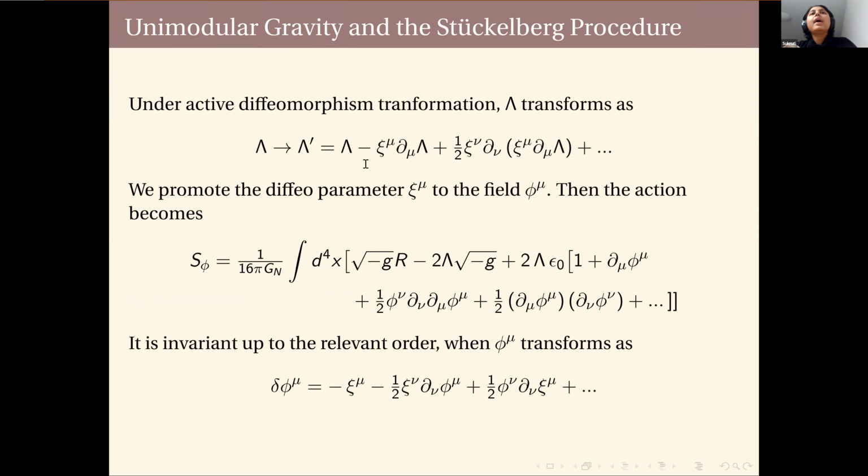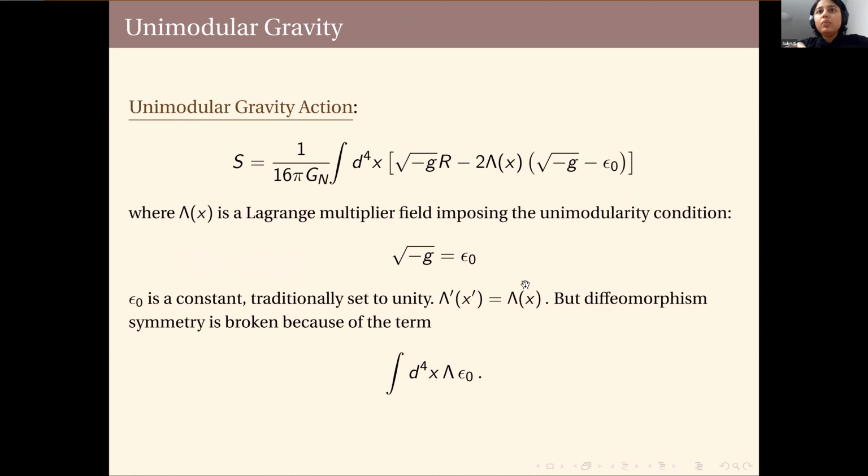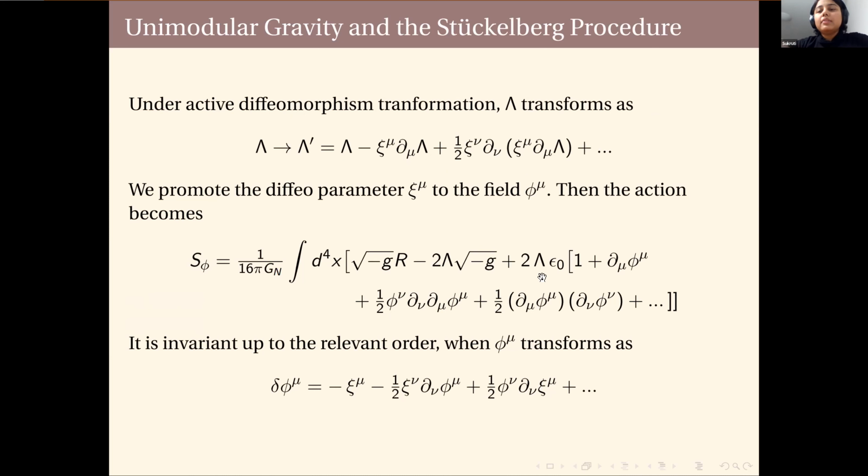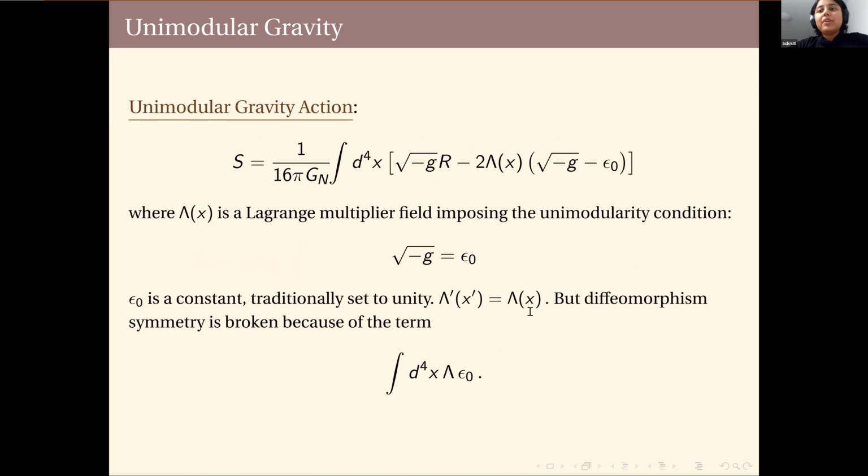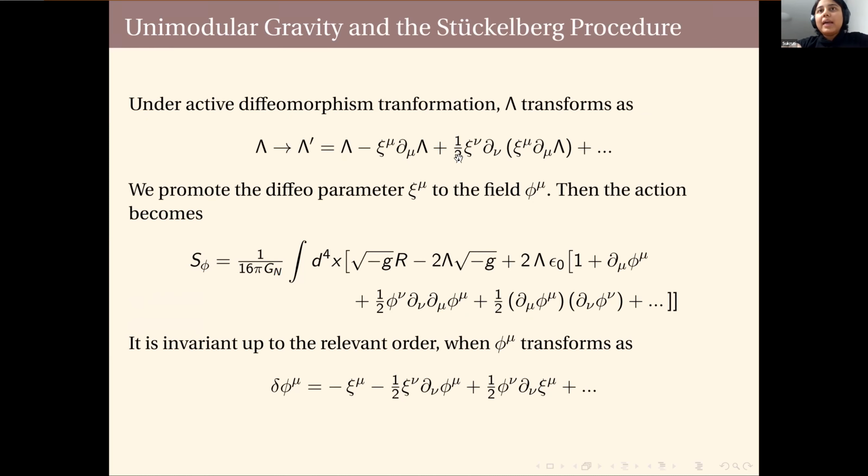So now, when the field lambda transforms in the action here, we know that this lambda transforms as a scalar, but sorry, that was under general coordinate transformations. When lambda transforms under diffeos, all these extra terms come in and they break the diffeo symmetry.